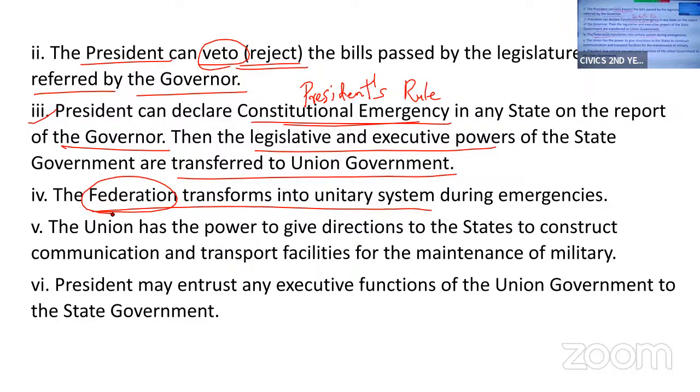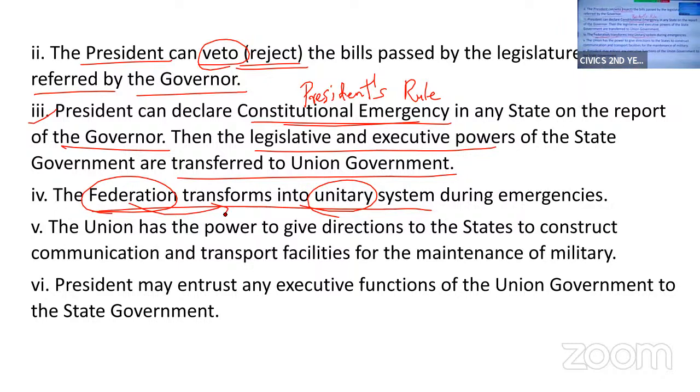But at the time of national emergency, the powers of state government are transferred to the union government. So our country becomes unitary. We adopt a unitary system of government.